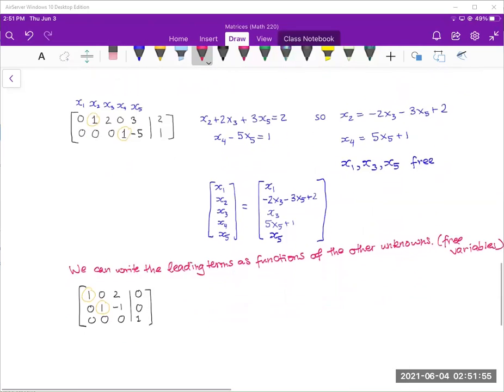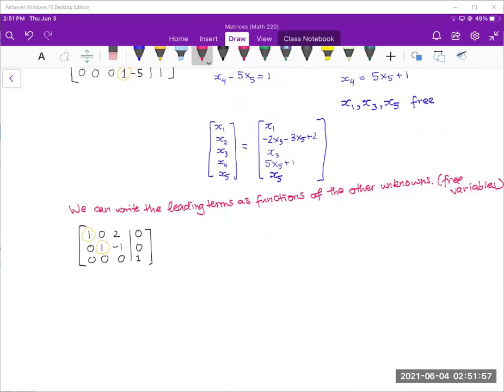One last example to make sure we've got the hang of this. Here we have an augmented matrix. Take a moment to look it over. How many unknowns do we have? We've got 3. I'm going to call them x, y, and z.